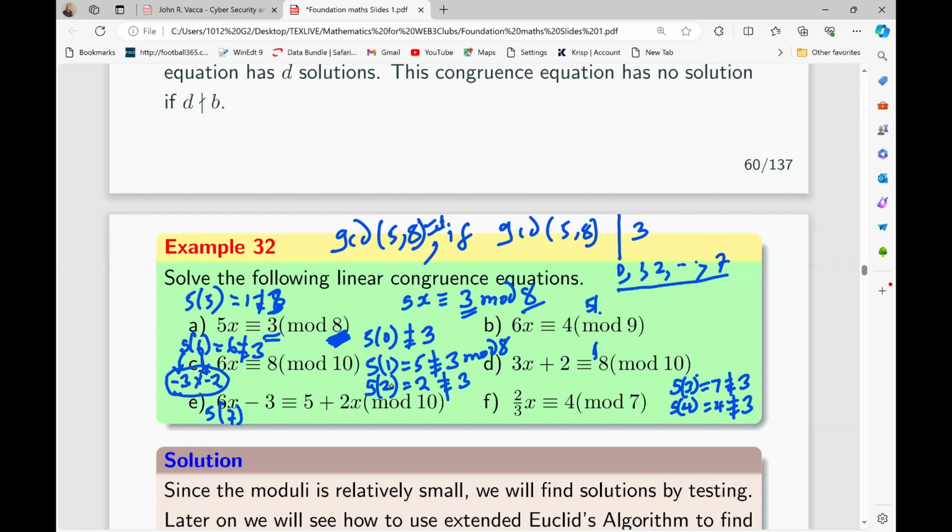Because I'm dealing with the mod of 8, this is the same as -3 times -1, which of course is 3. And you can see that this is congruent to 3 mod 8. So that means 7 is the solution to the equation that we're given.